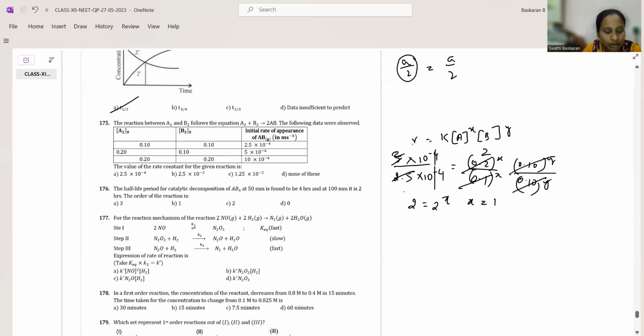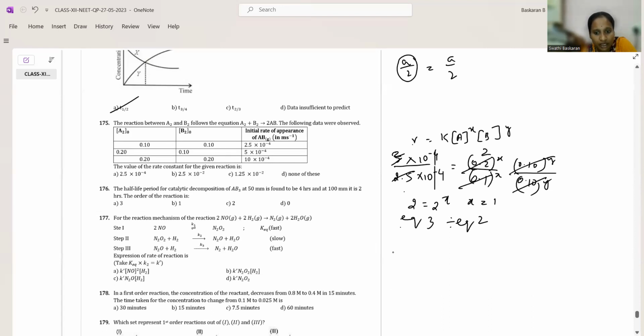Now similarly, we will also solve the equations where the values of A are the same. So 20 and 20 are the same, and these two are different, and hence we will take up equation 2 and equation 3. Now divide equation 3 by equation 2. So what is the equation 3 value?